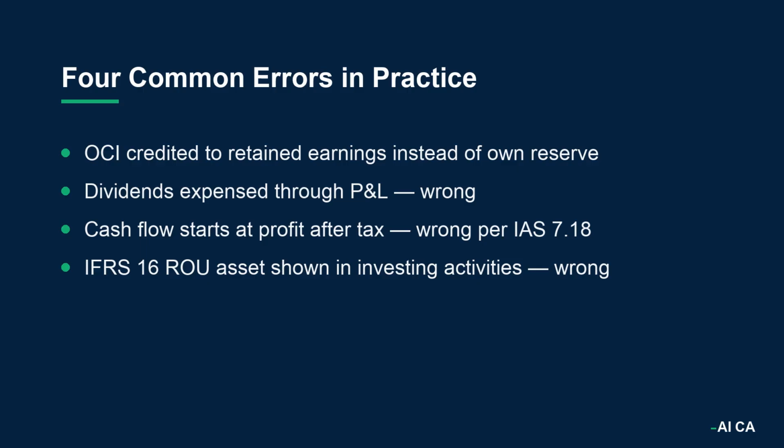IAS 7 paragraph 18 says, start with profit before tax, not profit after tax. Tax paid is shown separately as an operating cash flow under paragraph 35. Fourth, forgetting that non-cash investing transactions, like a right-of-use asset recognized under IFRS 16, do not appear in the cash flow statement at all, but do appear on the SOFP.